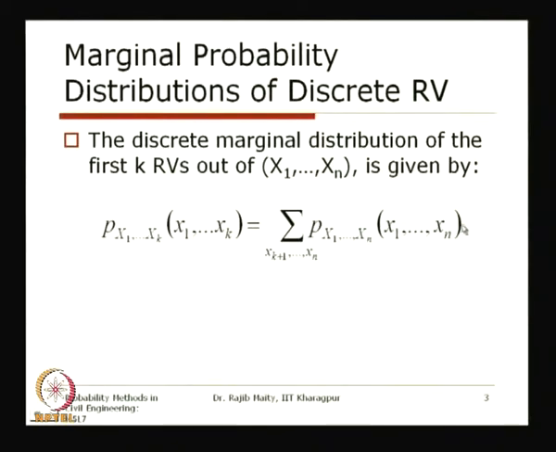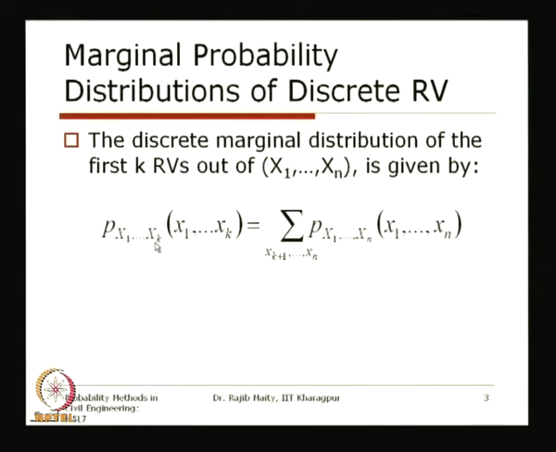This is the joint PMF, and if we do this summation, then we will get the marginal distribution. Basically, you can see that the concept is the same: we look at which random variables the marginal distribution is wanted for, here x1, x2 up to xk.